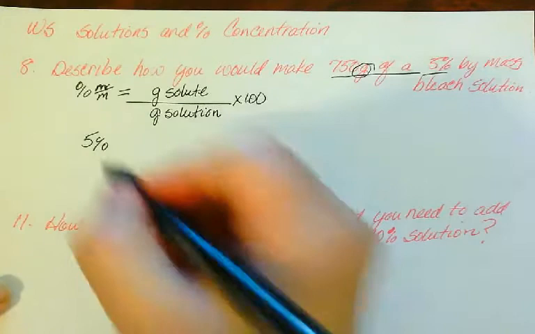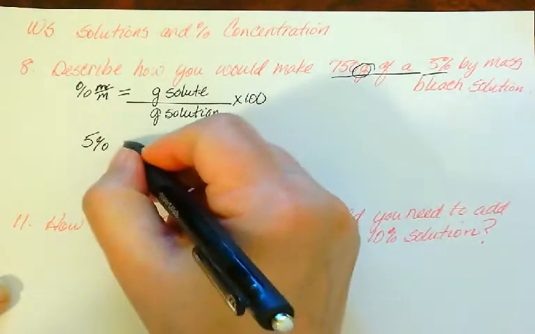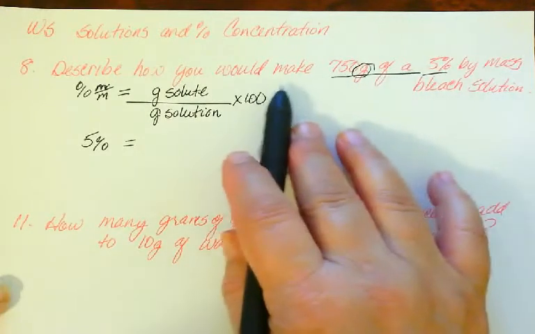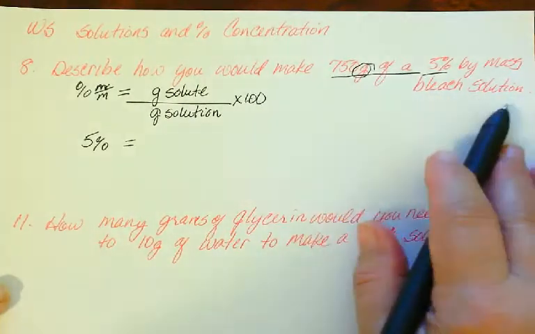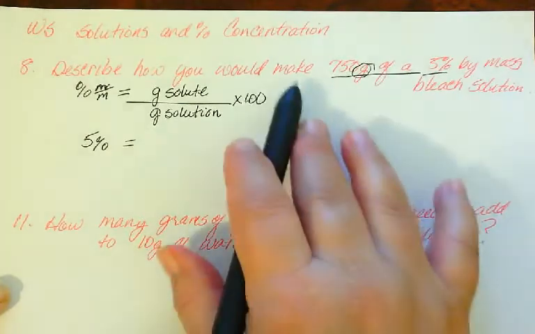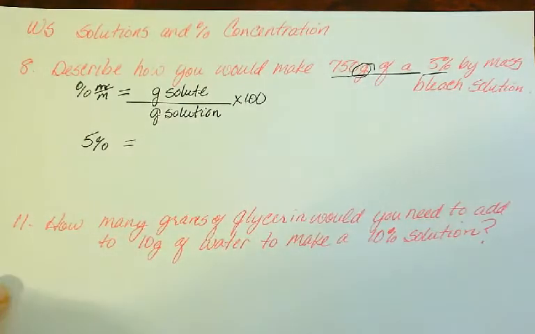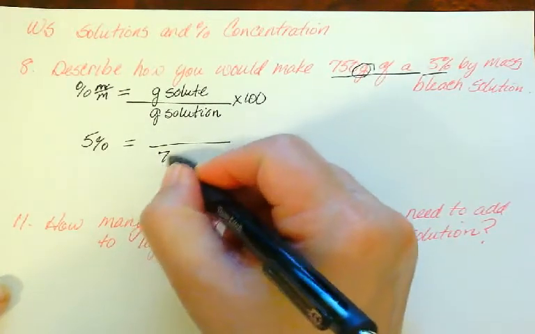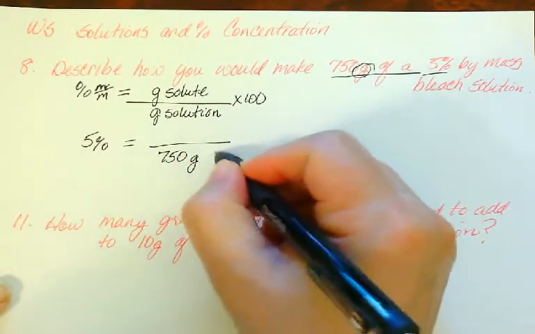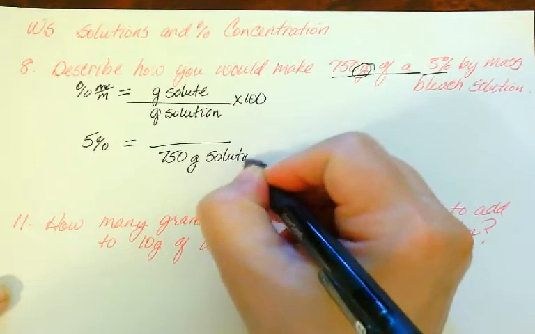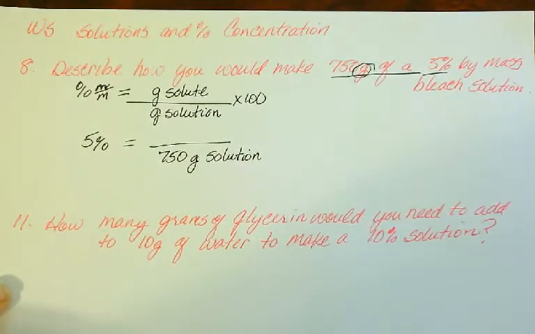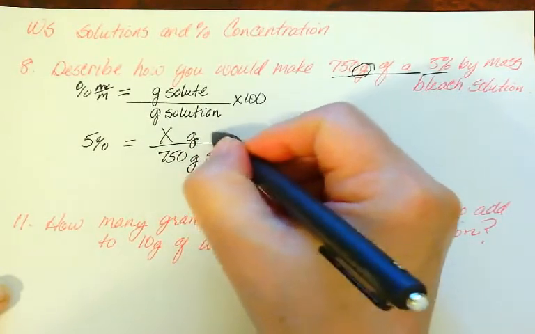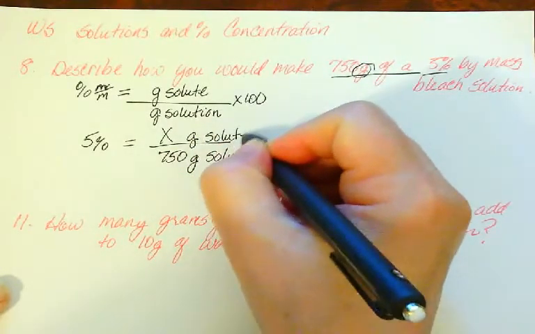It wants to know how much bleach I would need to add to make 750 grams of solution. So I have 750 grams of my solution total, and I need to figure out X, the number of grams of my solute, or my bleach.